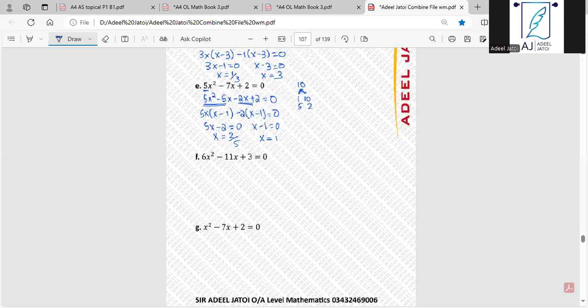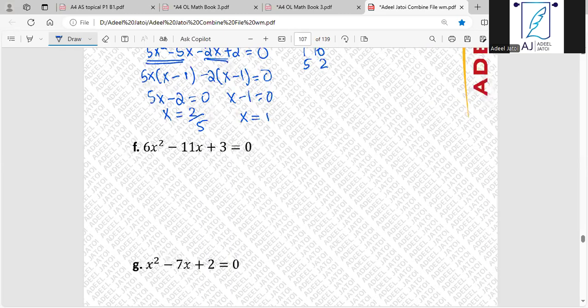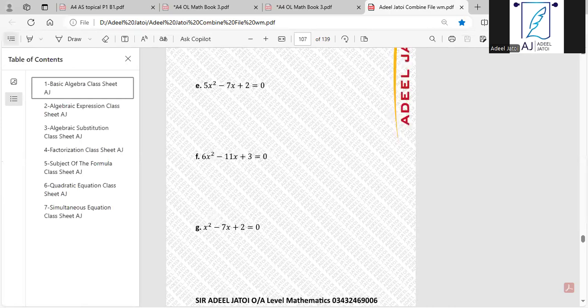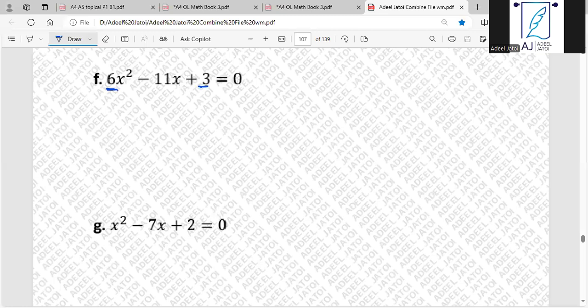So part F says we have 6 and 3, right? So can we just say that 6 and 3 can directly be used, 6 into 3 is 18.